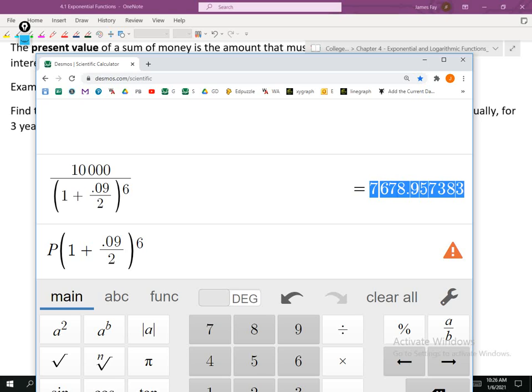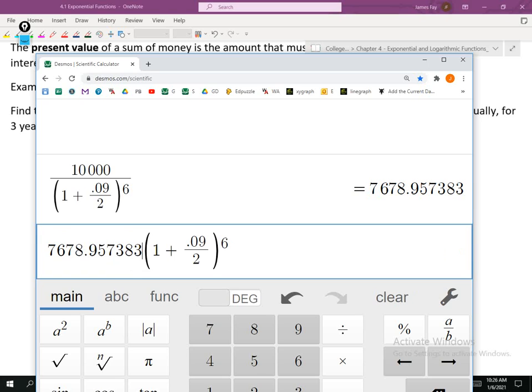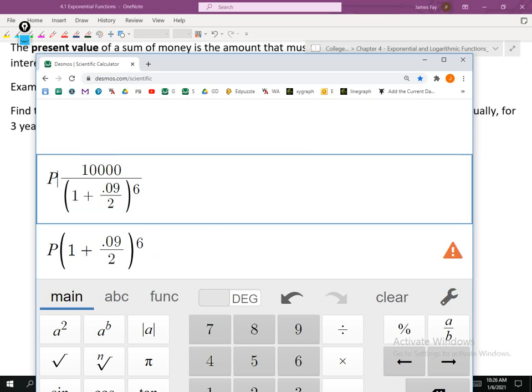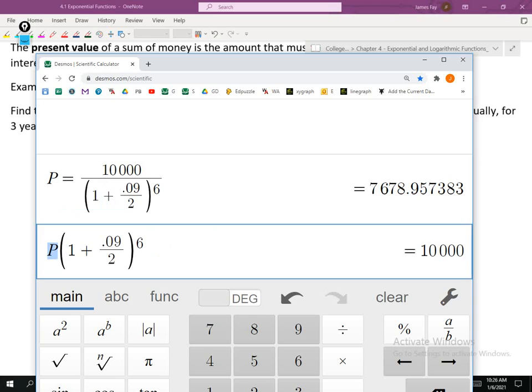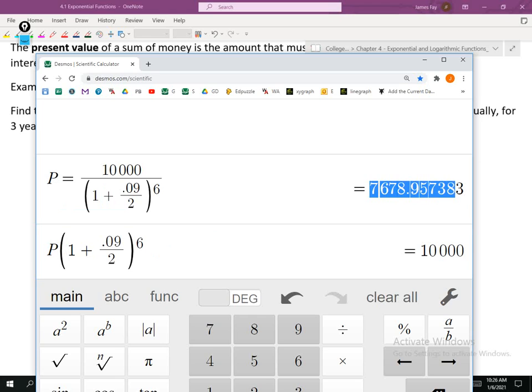You can cut and paste that, so Control C and then Control V, and you can see that that does turn into my $10,000. Or you can just come up here and say P is equal to that, and then down here where it says P, it's going to plug that number in, and you see that it evaluates out to 10,000 bucks. So it's kind of a check to make sure that this number is correct. Does that make sense?